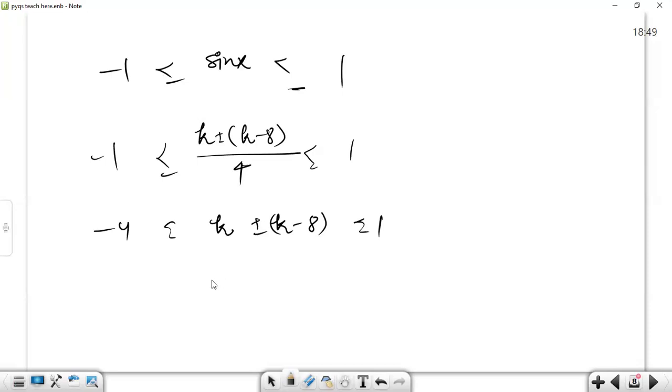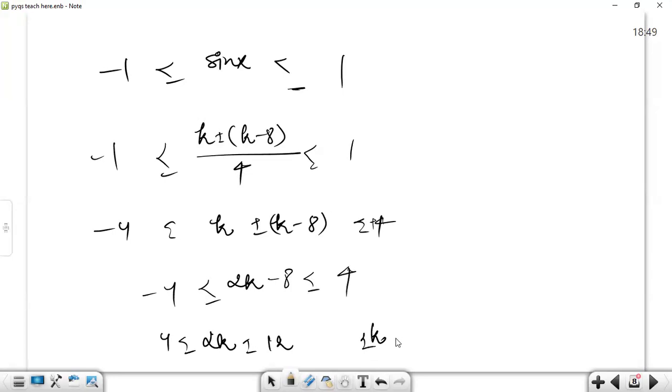Let's solve for the positive value: k minus 8 less than or equal to 4, so 8 will be added on both sides, it becomes k less than or equal to 12.